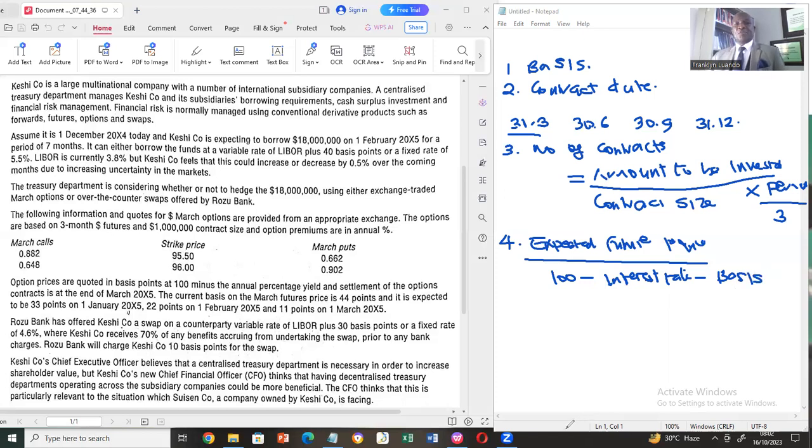So now the expected futures price is compared with the strike price for you to be able to make a decision whether to exercise or not.